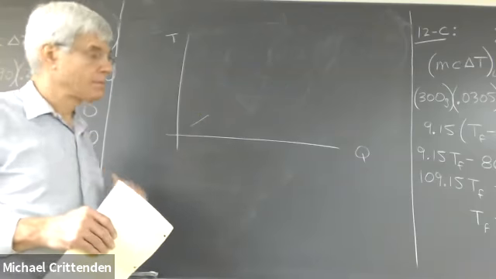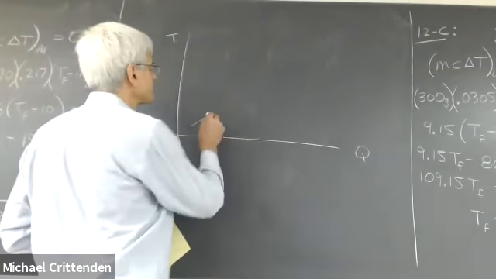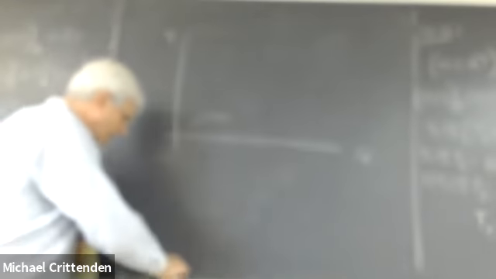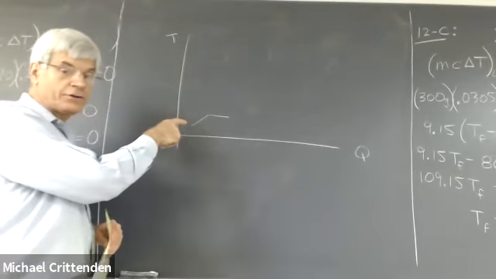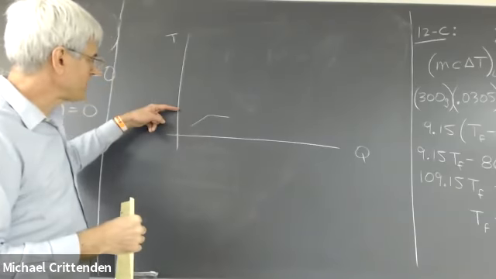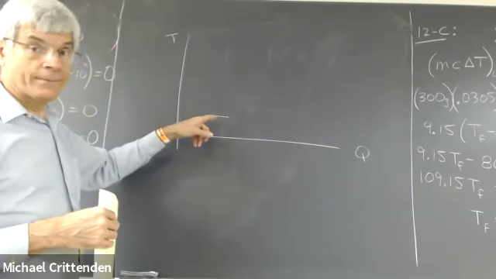But then all of a sudden, without warning, you hit a plateau. If this is water that you're doing the experiment on, you have reached a temperature of 0 degrees Celsius. It's melting.